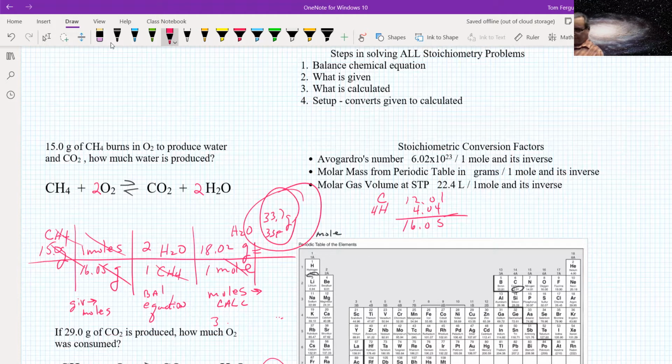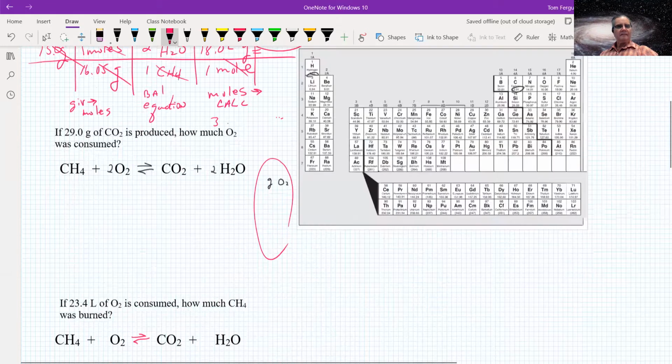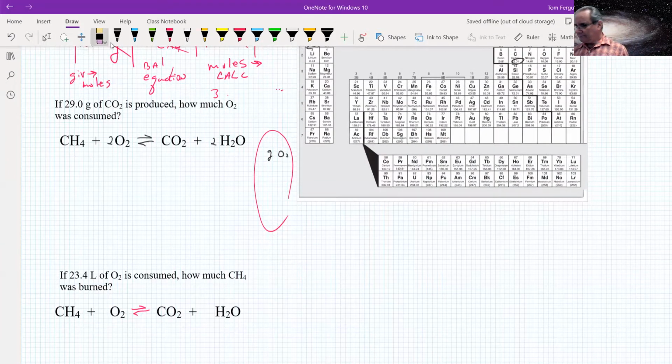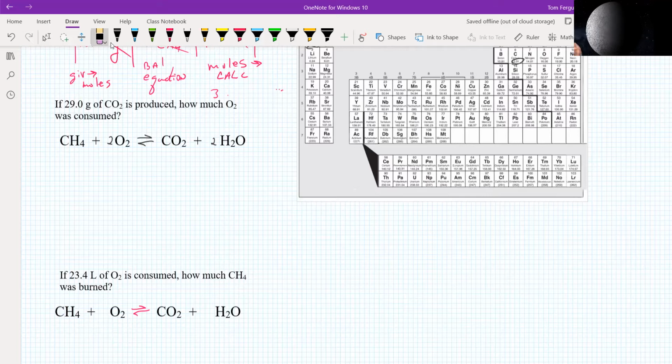Let's stick with this reaction. So we're starting with this one, 29 grams of carbon dioxide is produced. How much oxygen is consumed?